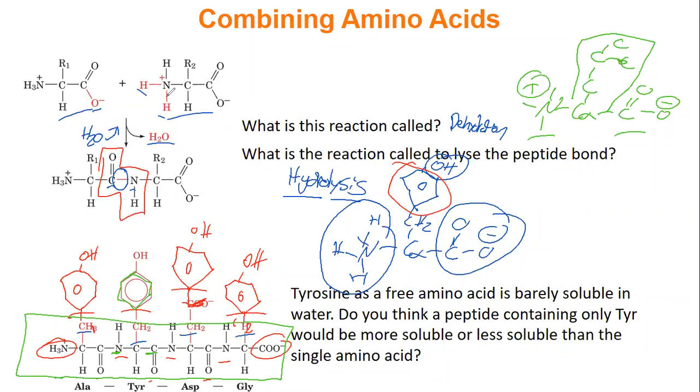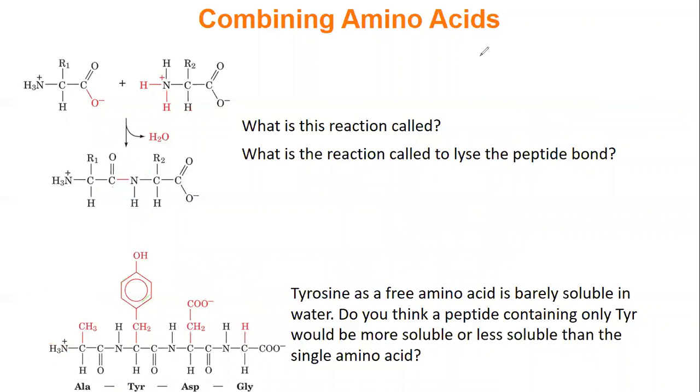The side chains interact, they do. But that little OH on top of the ring is still tiny compared to the big ring. Water is not going to want to interact with those rings, so it's going to try to push them together, the hydrophobic effect. All right. Hopefully that was a little bit clearer after that discussion.